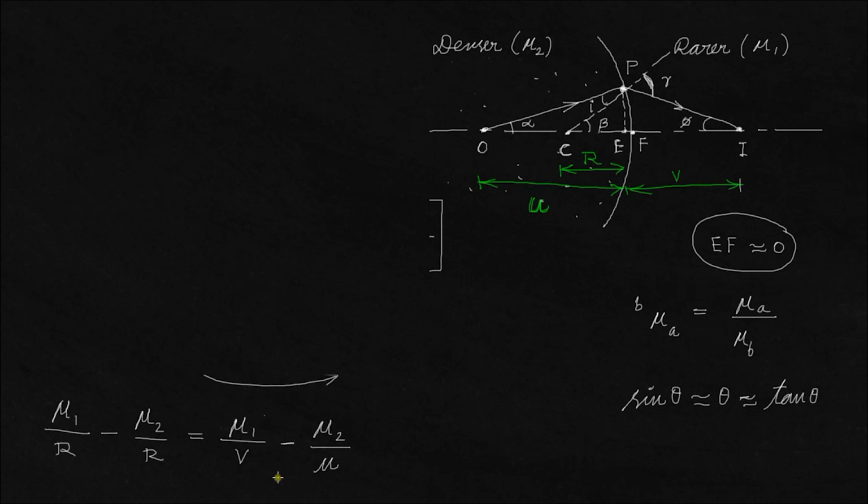Let me write the right hand side first, that is mu1 by V minus mu2 by U is equal to, here R is common, denominator is same, so I can write mu1 minus mu2 divided by R.